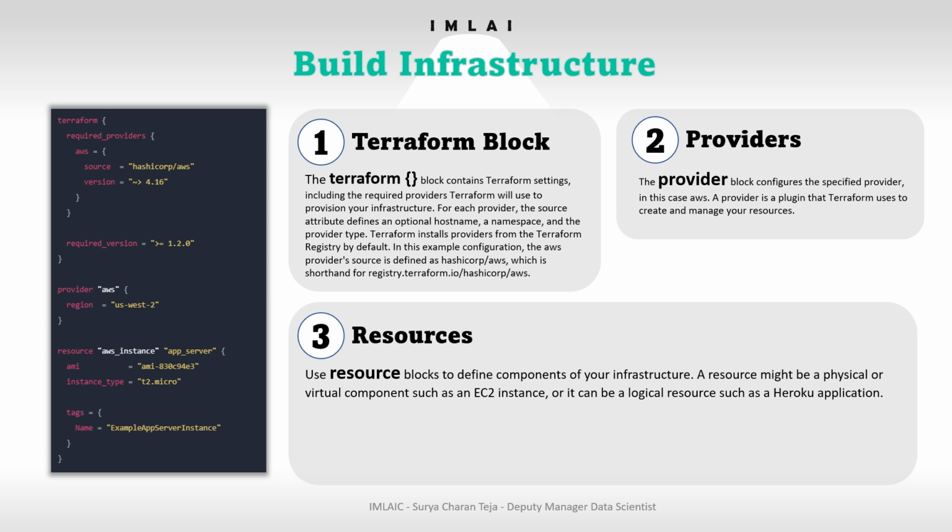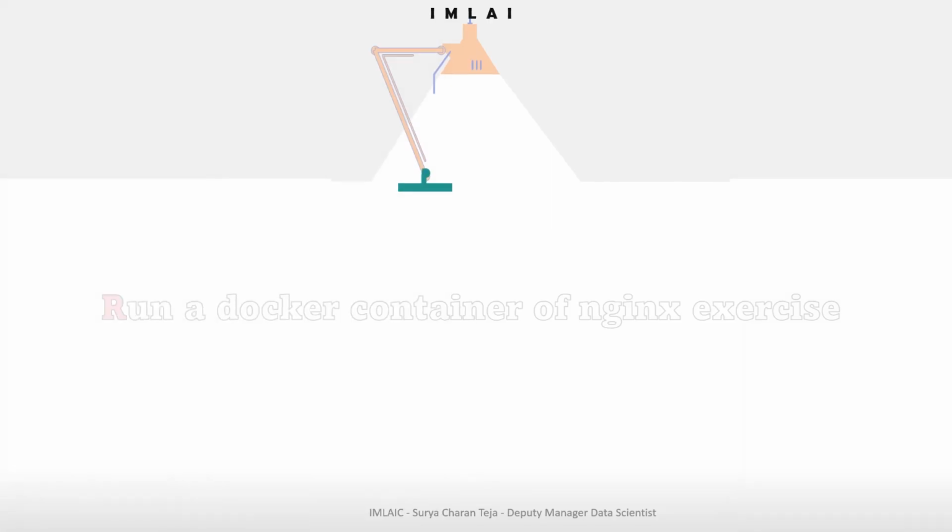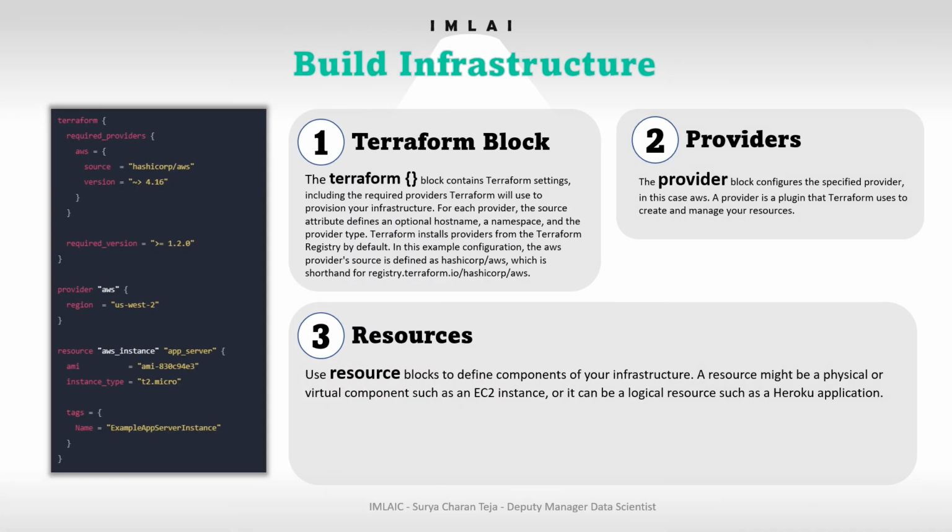Resource blocks have two strings before the block, the resource type and resource name. Here we have aws_instance and then app_server, and then the AMI and the instance type.